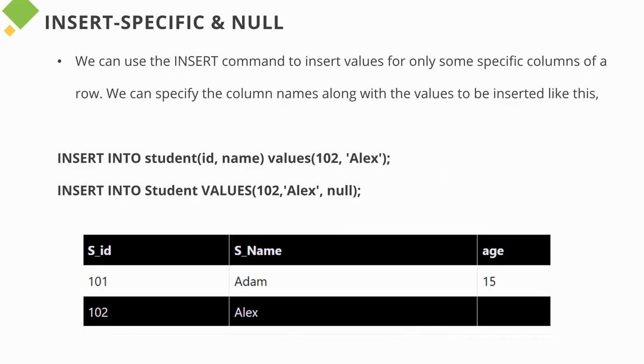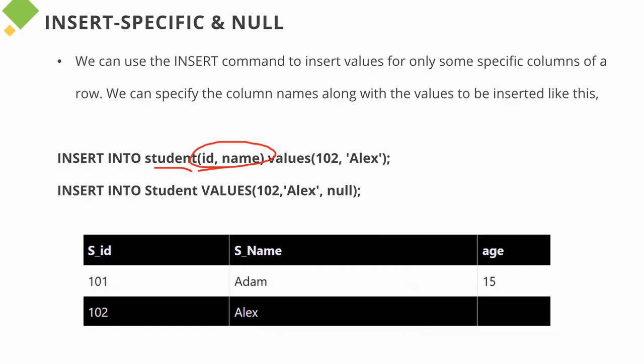Suppose I want to insert, but I have null values. Or else I want only two column values, like ID and name, but I don't have age. So let me write insert into student, and now I'm following the parameters, giving the parameters as ID comma name.